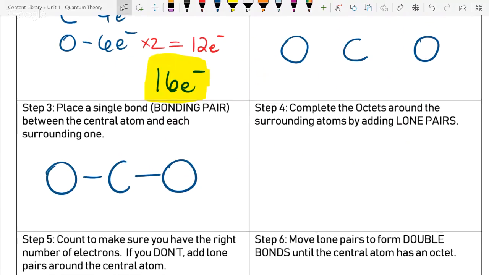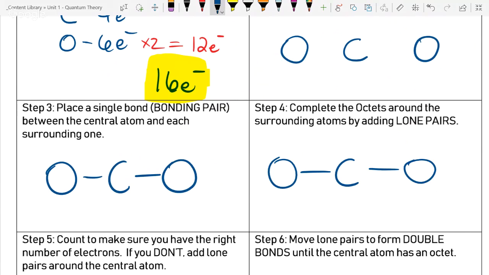Now, again, this is just a process, but it's a process that works well. The next thing we do is we complete the octets of everything but the middle atom. So put all the electrons that should be around everything, but ignore carbon for now. We always ignore the middle one. So everything should have how many electrons in its outer shell? What's a full outer shell for oxygen? 8.